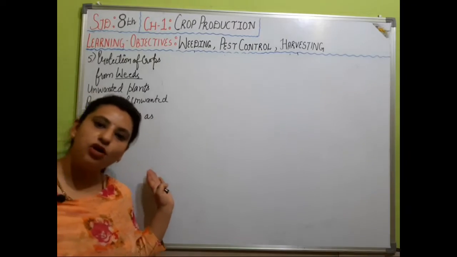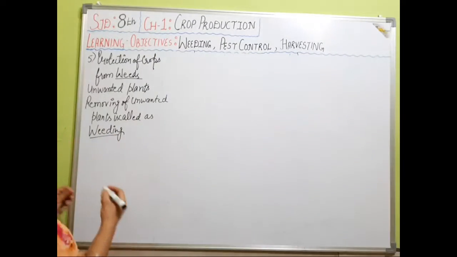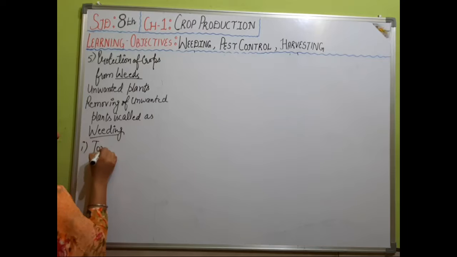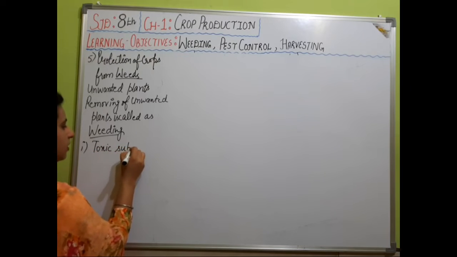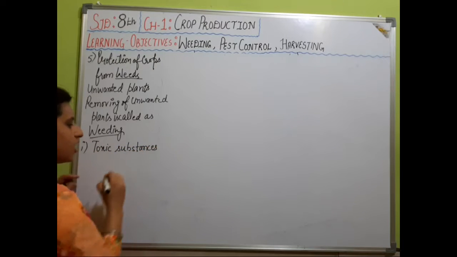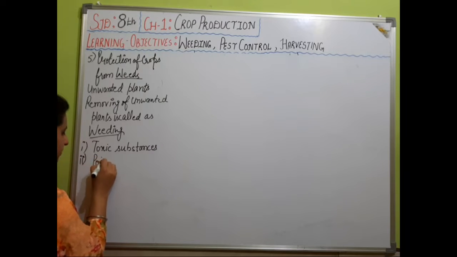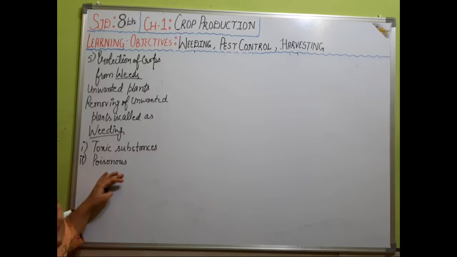So what is the importance of weeding? Weeding is done because weeds sometimes produce toxic substances, and these toxic substances are harmful for the growth of the crop plants. Second, sometimes these weeds are poisonous, and they create harmful effects on human health and also on domestic animals.